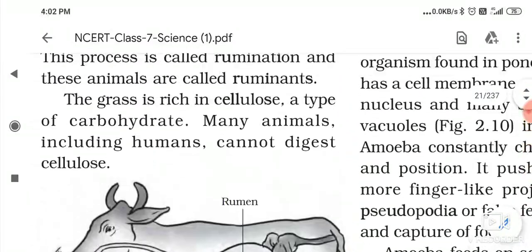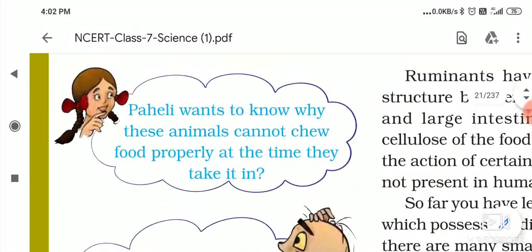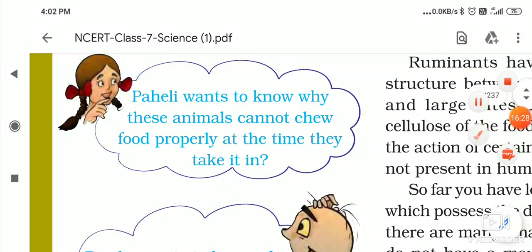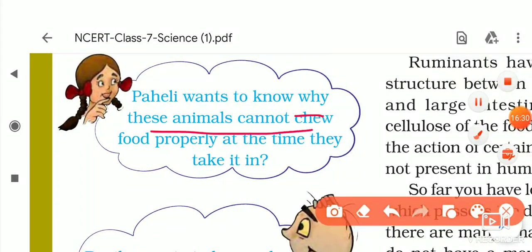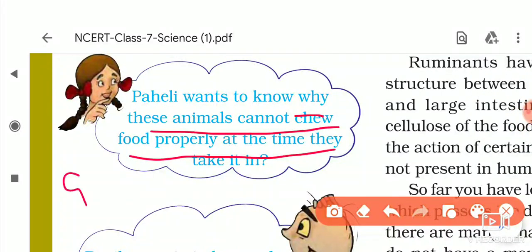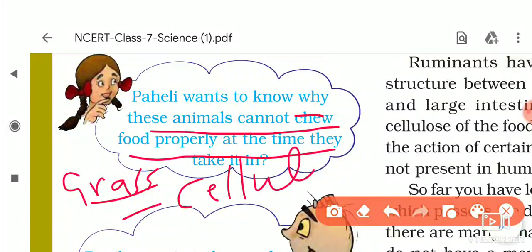Only two or three blue questions or boxes are left. Paheli wants to know why these animals cannot chew food properly at the time they take it in. Because they eat grass, which is rich in cellulose, and cellulose cannot be digested easily.